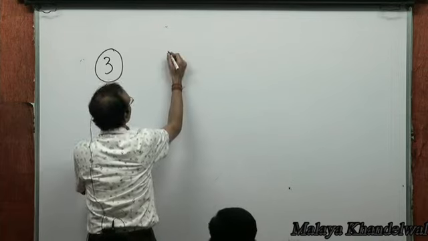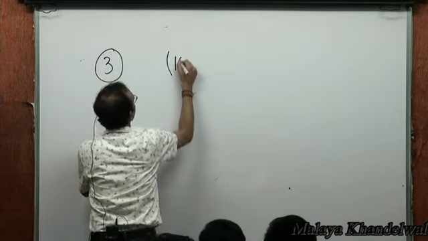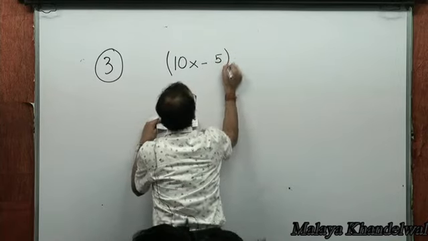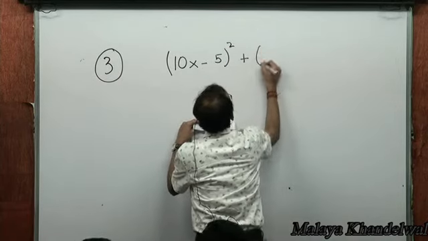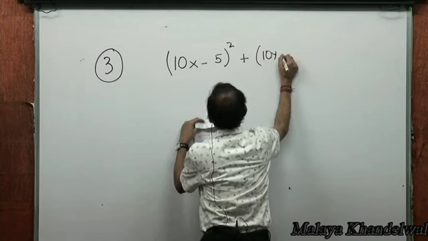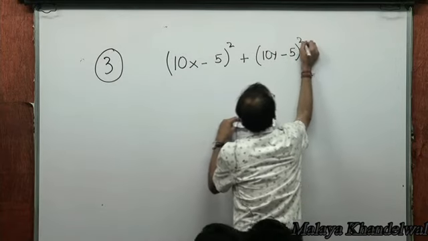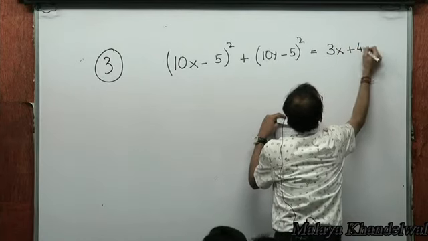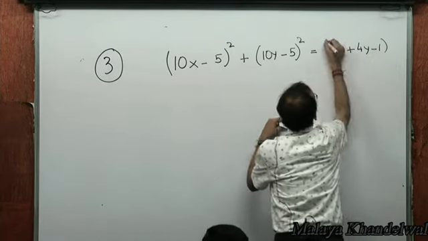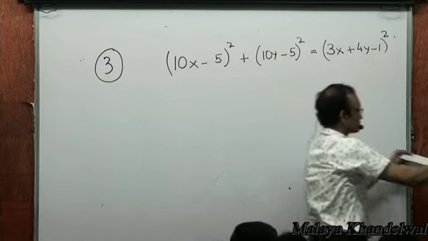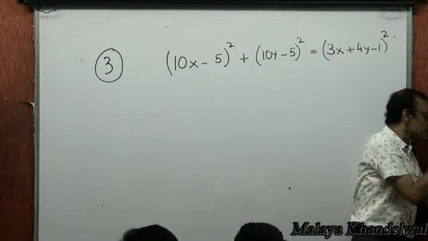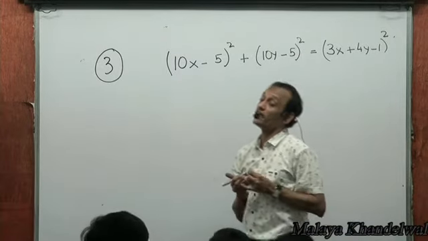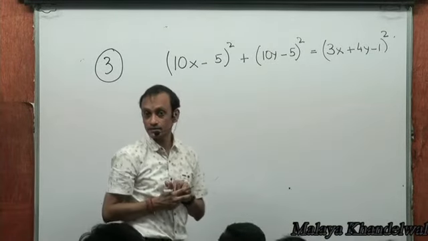Now consider a curve: (10x minus 5) whole squared plus (10y minus 5) whole squared equal to (3x plus 4y minus 1) whole squared. We want to establish that this represents an ellipse, and we want to find the eccentricity of that ellipse.